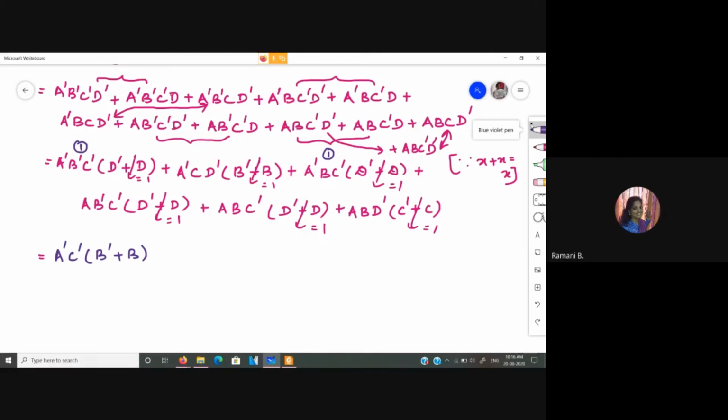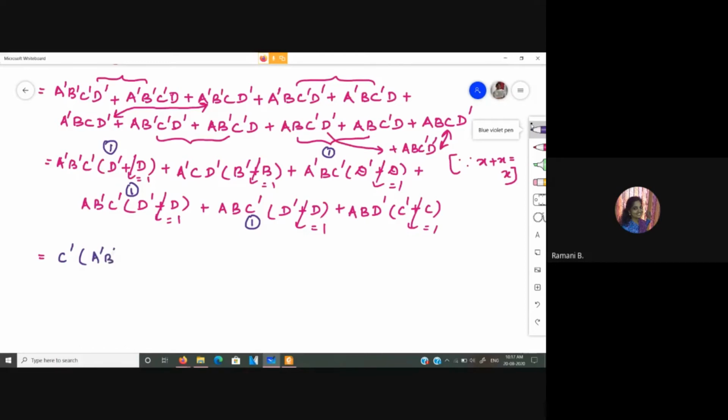Or we shall do one thing, we shall take directly c bar wherever we have, oops, sorry. Wherever we have this c bar, I take that first. So here with these four terms I have c bar common, so let us see what happens.